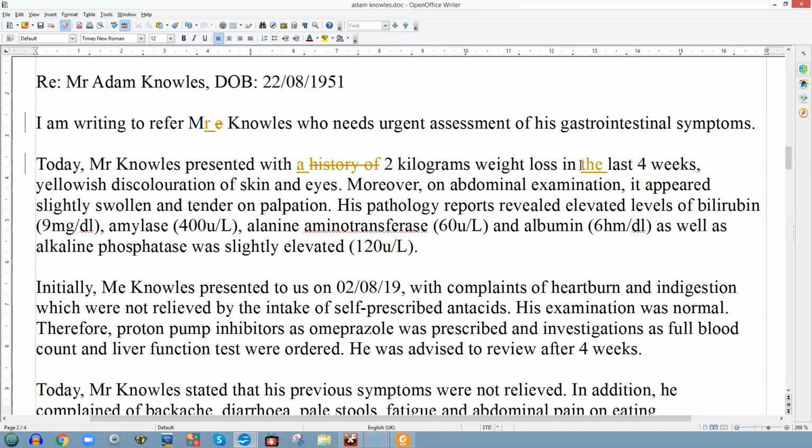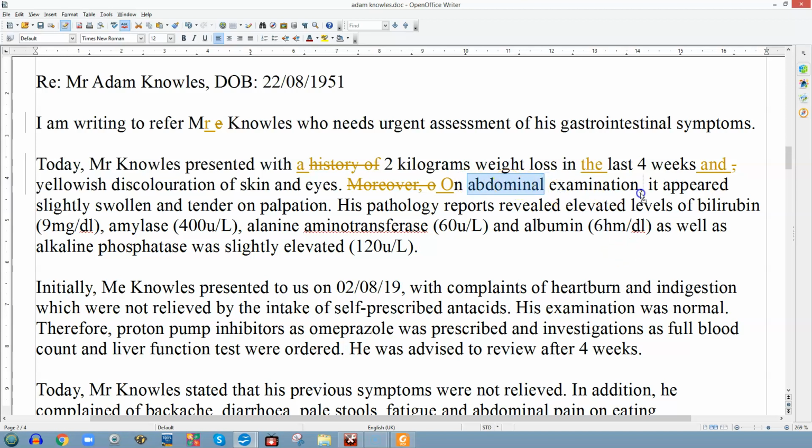If it's the first, an ordinal, put a definite article. Yellowish discoloration of skin and eyes. We don't need more. Moreover, OET says if you can take a connector out and it doesn't change the meaning, then you should do so. On abdominal examination, or on examination here, it presumably refers to the abdomen.